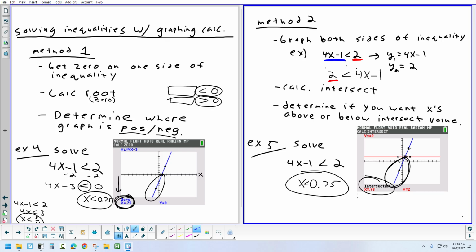That's the red one. That's the blue one. This time, they're asking you where the blue is above the red. So where is the blue greater than the red? So the answer to this problem would be when x is greater than 0.75. Okay. That's the answer to this problem. So not necessarily.